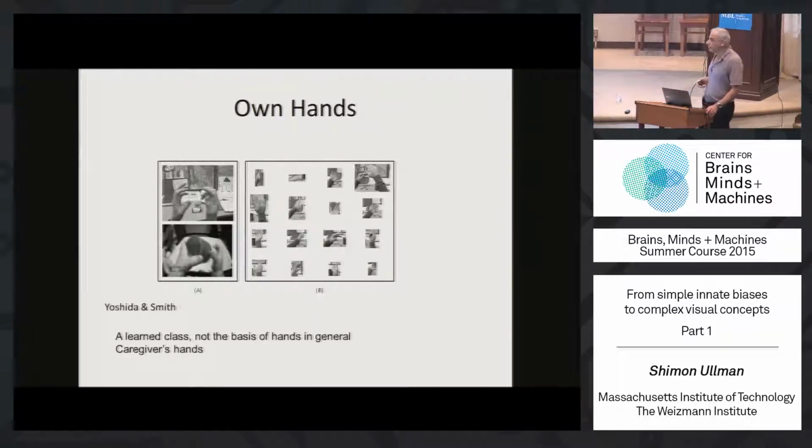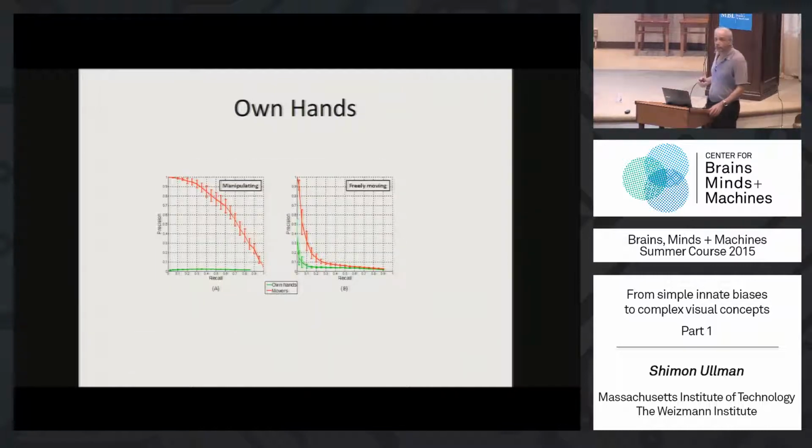There is evidence that this is, I think, interesting, and we know that infants are interested in their own hands, but there are reasons to believe that this is not the case, because, for example, if you really try this and you try to learn hands from waving your hands in this way, imitating what infants may see, a scheme that learns hands in this way is very bad at recognizing hands manipulating objects.